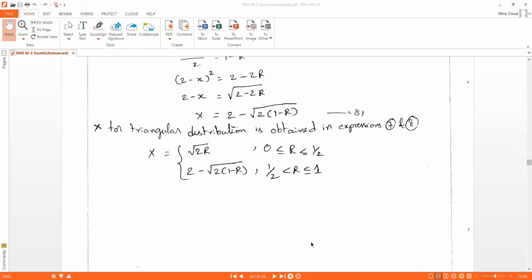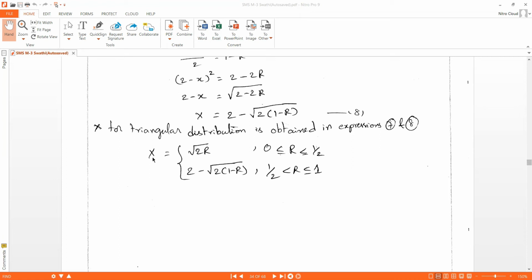Now, for the triangular distribution, x value we have obtained: x equal to square root of 2r when r value is in between 0 and 1 by 2. That is, if 0 less than or equal to r less than or equal to 1 by 2, x equal to square root of 2r. Okay.